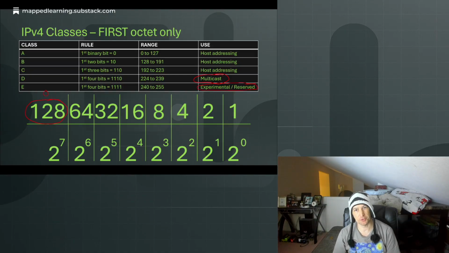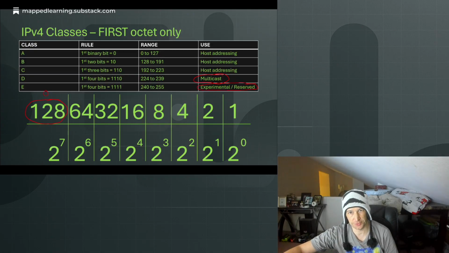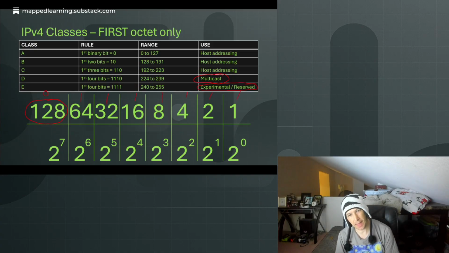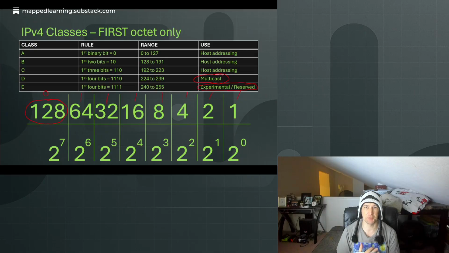So what does that give us for a range? Well, the lowest number would be 8 zeros, which would obviously be 0. If we added all zeros together, we get 0. However, if we do 0, 1, 1, 1, 1, 1, 1, 1, what is that? Well, remember what I said before.